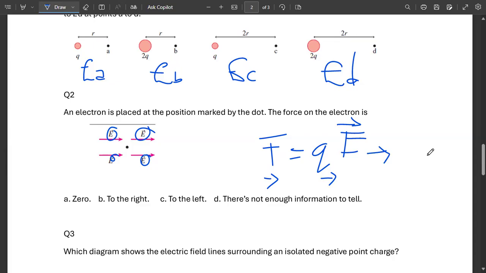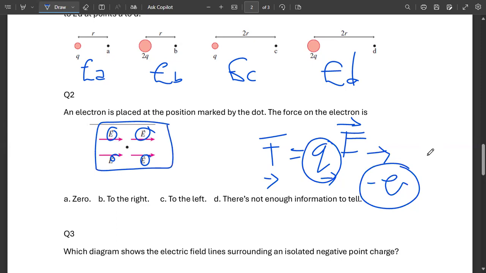Since this is an electron, we have to understand that the charge of an electron is negative. We know an electron is negatively charged. So what does that mean? That means the force that we're going to get here is going to have the opposite direction of the initial electric field lines that we have here.